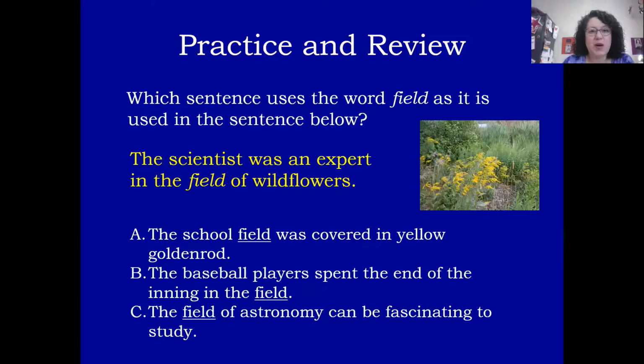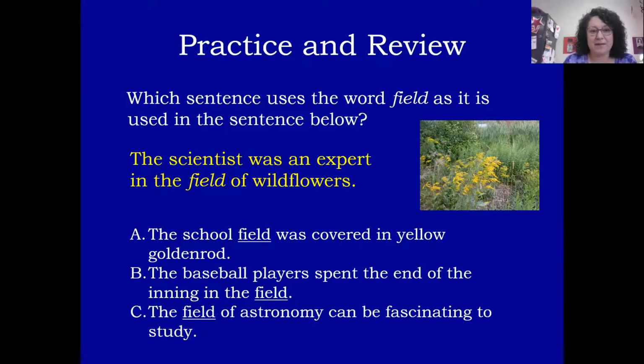And our last one, which sentence uses the word field as it's used in the sentence below? The scientist was an expert in the field of wildflowers. The school field was covered in yellow goldenrod. I think that's the picture that we see. The baseball players spent the end of the inning in the field.